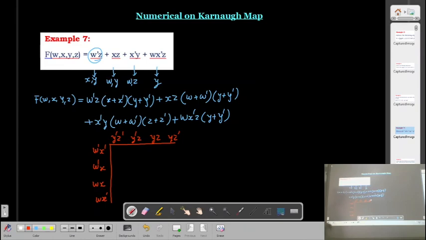So after the expansion, if we prepare the Karnaugh map, then you will get 1, 1, 1, 1, 1, 1 here, as well as a 1 here and 1 here. In the rest of the positions, you can mark 0. So this will be the Karnaugh map for your given example.